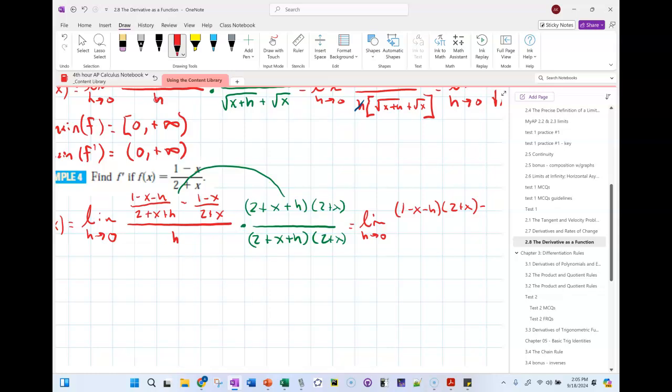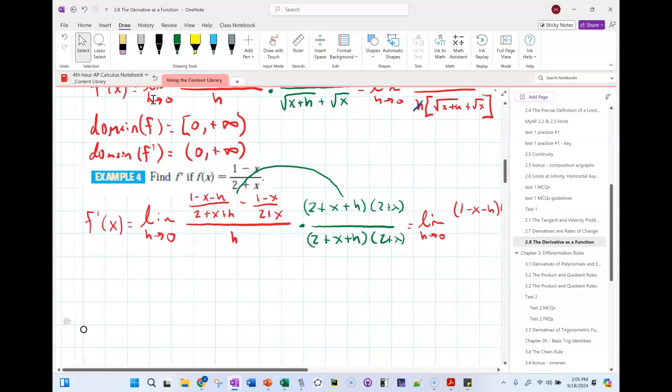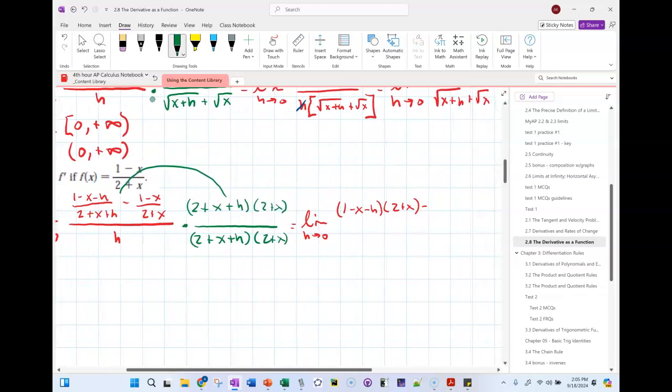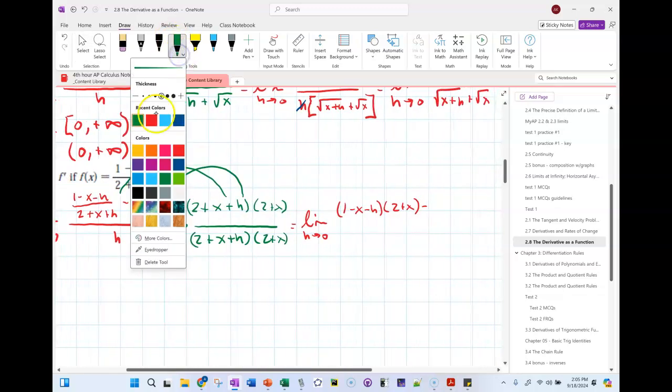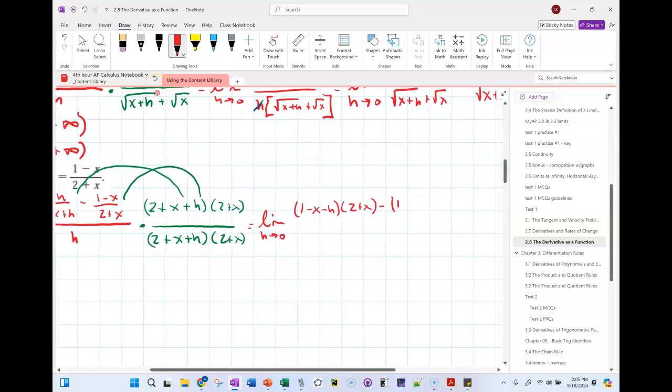Any questions on how I simplified that piece? When I distribute to the next one, I get 1 minus x, but the 2 plus x's cancel. So I have 2 plus x plus h still left.